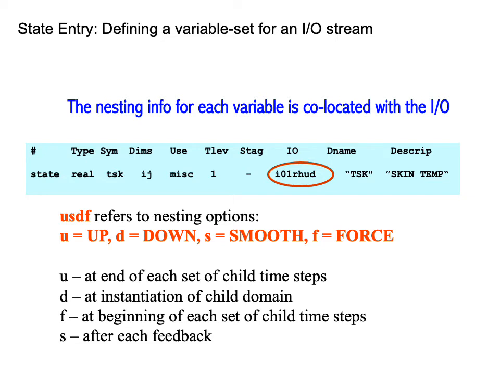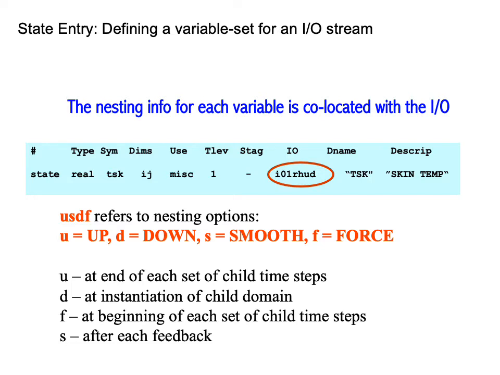If we want to feed information back from the fine grid to the coarse grid, we are interpolating down scale. If we would like to horizontally interpolate from the coarse grid to the fine grid, that is upscale.